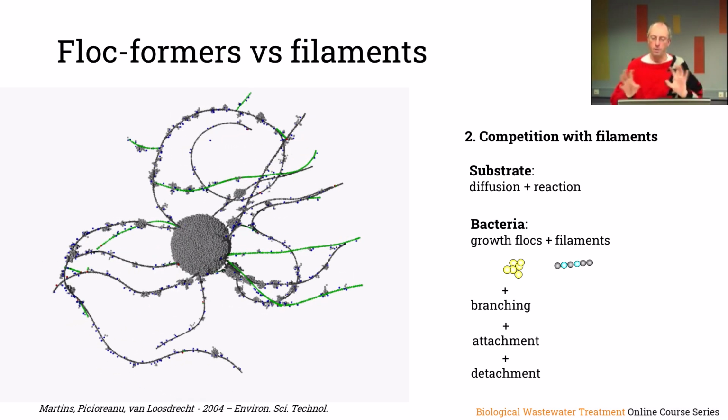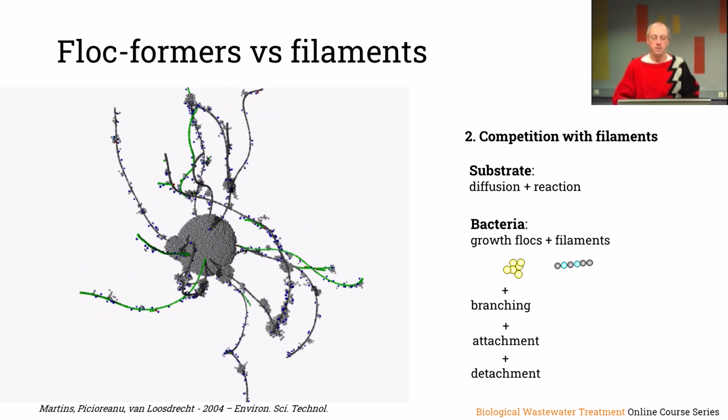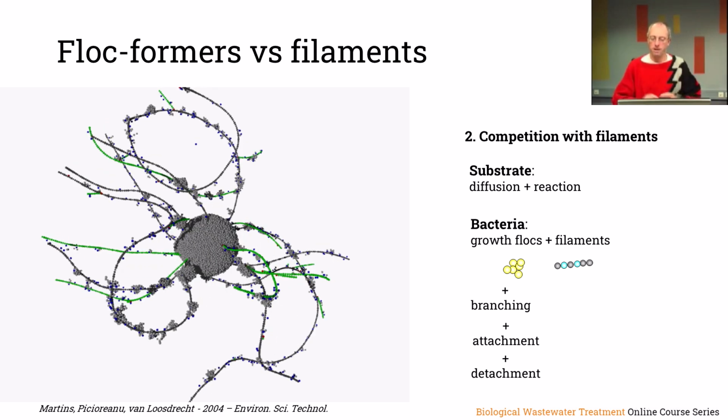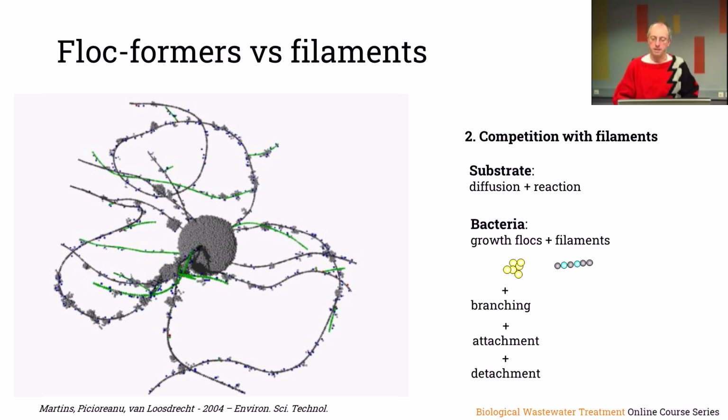You get a very open structure, where in this extreme case you have filaments with here and there some flocks attached, flock-forming bacteria attached. And in this case, we used exactly the same kinetic parameters. So we used the same growth rate and the same Ks value. But effectively, because the flock tends to be more open and porous, an organism which grows more open and porous then also gets the advantage.